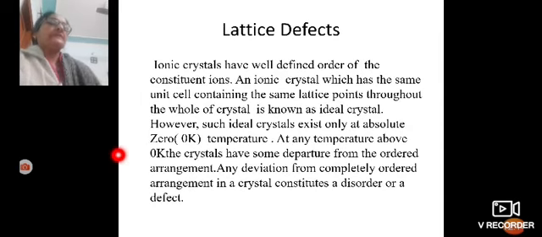The next topic is lattice defects. Ionic crystals have a well-defined order of the constituent ions. An ionic crystal which has the same unit cell containing the same lattice point throughout the whole of the crystal is known as an ideal crystal.